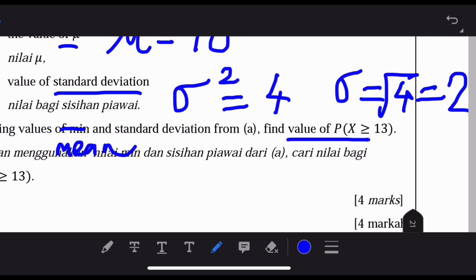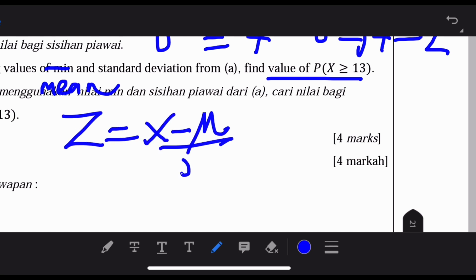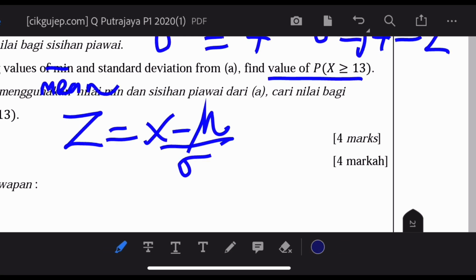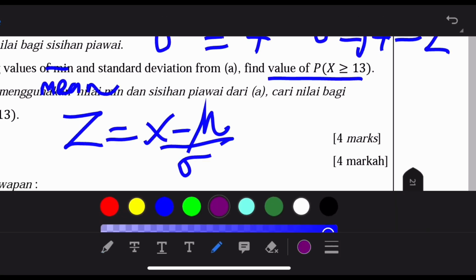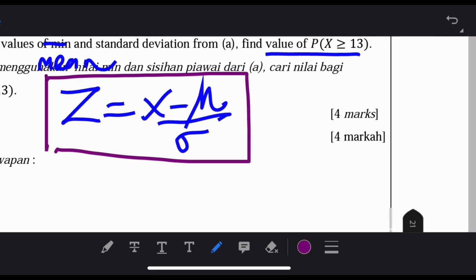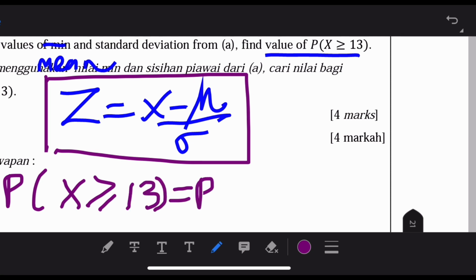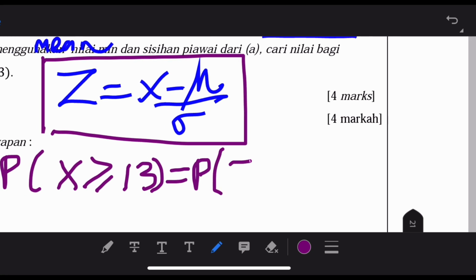Alright, next we want to solve the value of probability for x more than or equal to 13. So the moment you want to find the probability, you must have the z-score. Remember that? So you have to convert the x-score into z-score before you can press your calculator, or you can use your logbook or buku sifir.